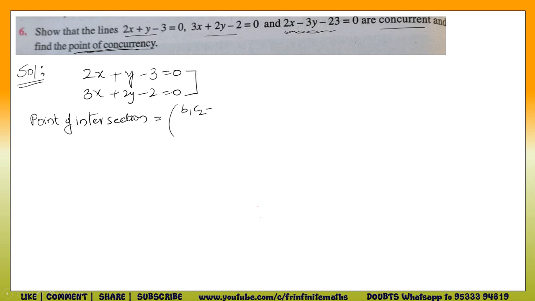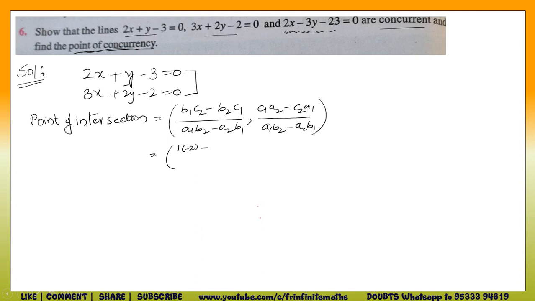B1 C2 minus B2 C1 by A1 B2 minus A2 B1, comma C1 A2 minus C2 A1 by A1 B2 minus A2 B1. Now substituting the values, here B1 is nothing but 1, so 1 into minus 2. So when I substitute the values, I can directly write it as 1 into minus 2 minus B2 C1.